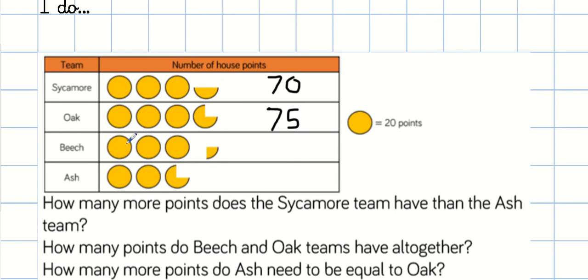Beech also has 3 whole circles, so 20, 40, 60, and then it has 1/4 of a circle. Do we know what 1/4 of 20 is? 1 part out of 4 parts of 20 is 5. So 60 add 5 is 65. And Ash has 20, 40, and then it also has 3/4, which we worked out equals 15. So 40 add 15 is 55.